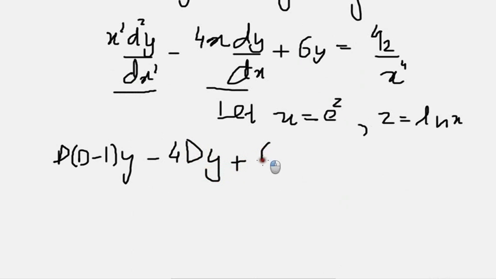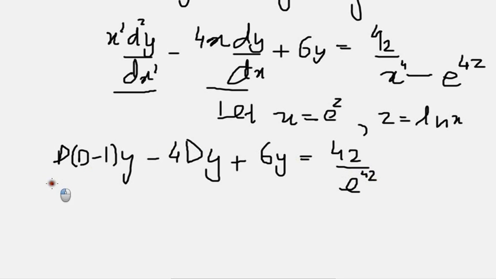plus 6 into y equals to, so we substitute this value by it, so this will become e to the power 4z. This will become equals to 42 over e to the power 4z.